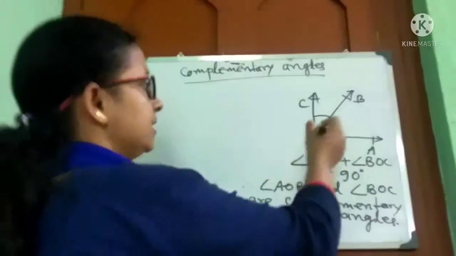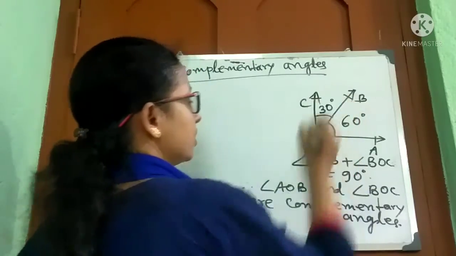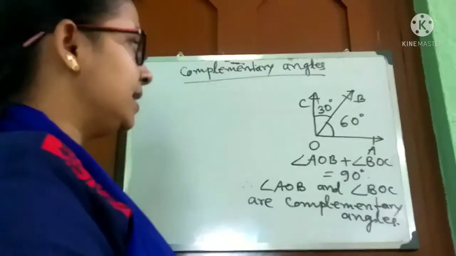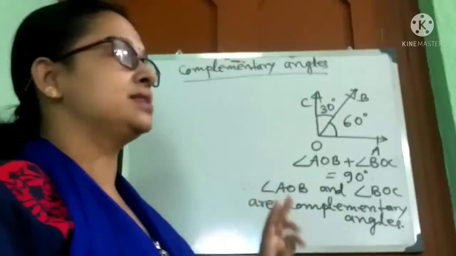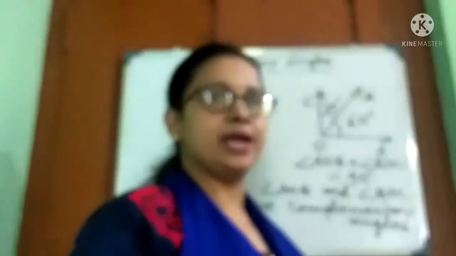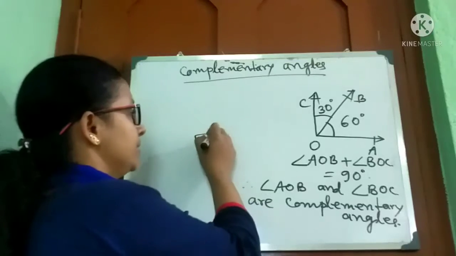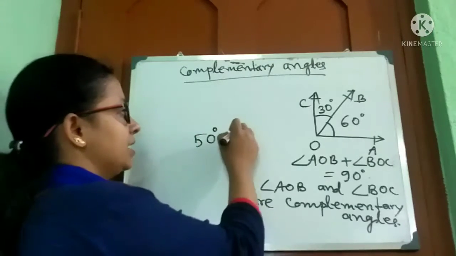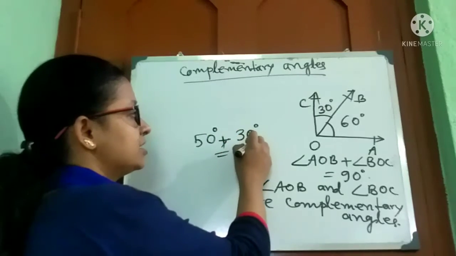So if this angle is 60 degrees, then the other will be 30 degrees. If two angles are complementary, then they will obviously be acute angles. But you cannot say that any two acute angles are complementary, because if you take one acute angle of 50 degrees and the other 30 degrees, the sum is 80 degrees, not 90.